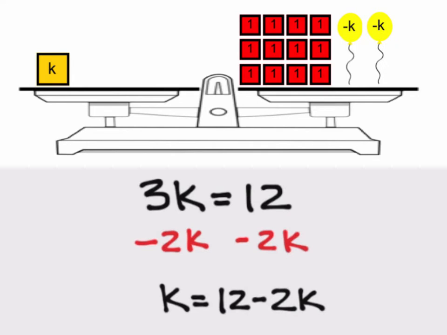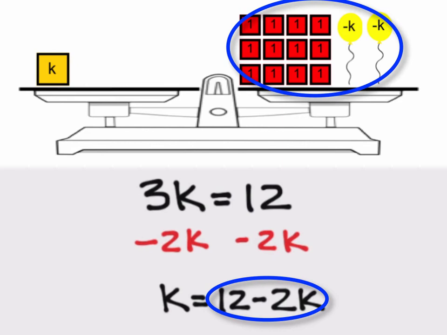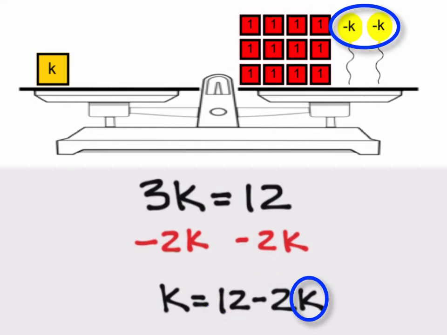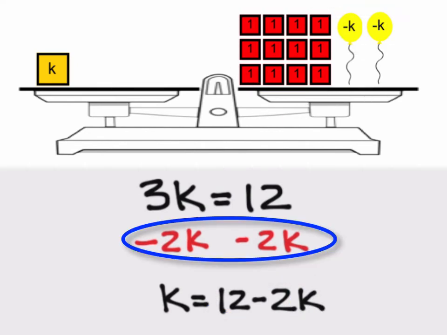Now, while we do have k by itself on one side of the equation, we wouldn't say that it's adequately isolated. Why? Because on the other side of the equation, we still have that unknown variable k in there. So even though we have k equals, we don't know what number this is because we still don't know what k is.